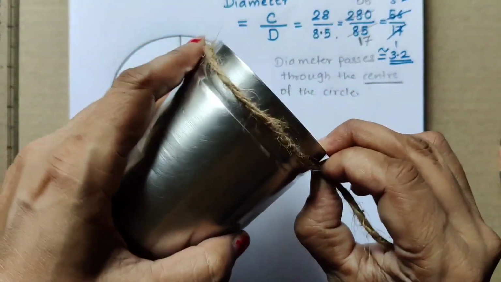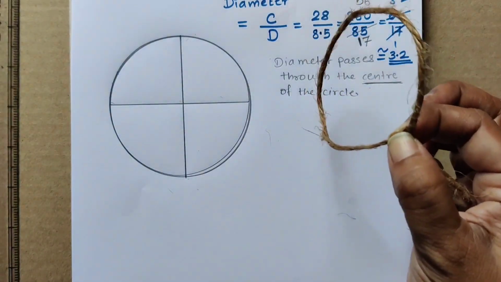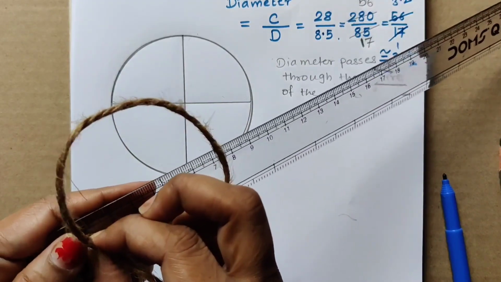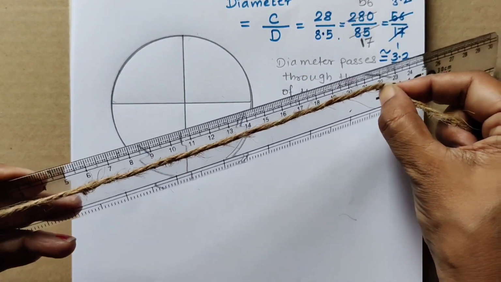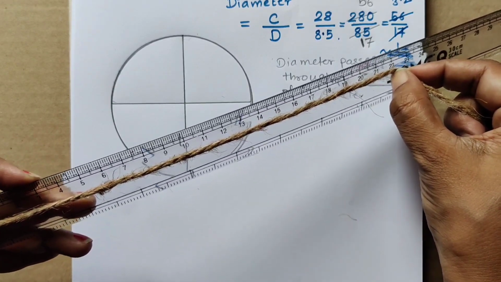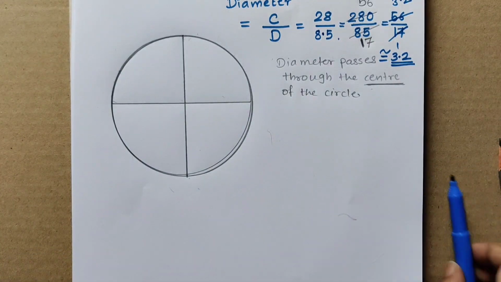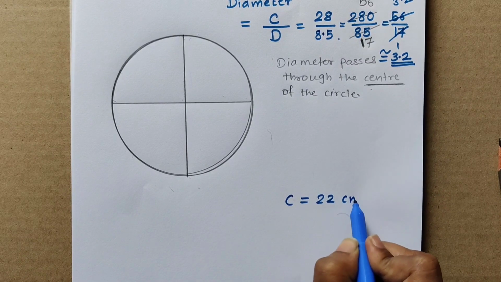See here I have placed it properly, and then we can remove it and find out its length, so that we can find the circumference. As you all can see, it reaches till 22, from 0 till 22. So circumference C of this cylindrical glass is equal to 22 centimeter I am getting.